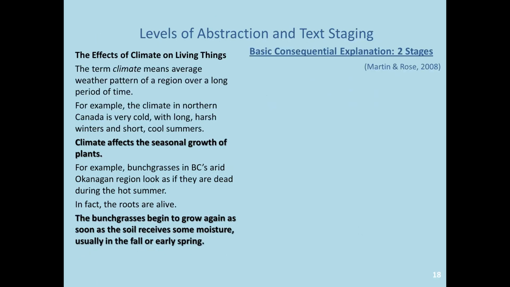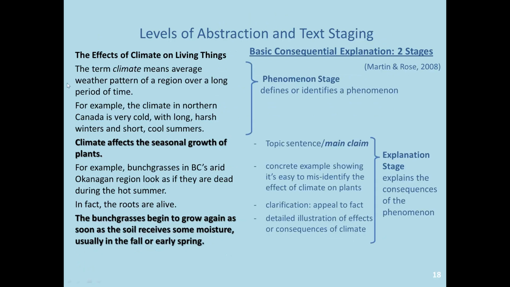Providing a little more detail, this kind of text is called a consequential explanation. And this type of explanation has two stages. A phenomena stage that defines or identifies a phenomena. So you see that climate is defined. And the next stage is an explanation stage that explains the consequences of the phenomena.